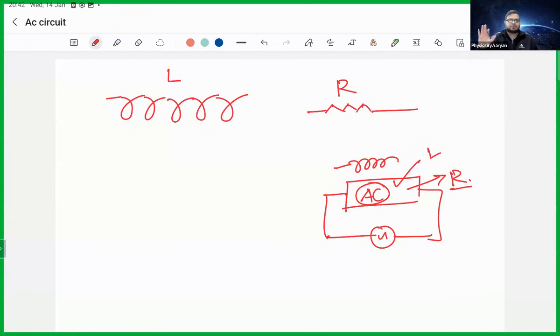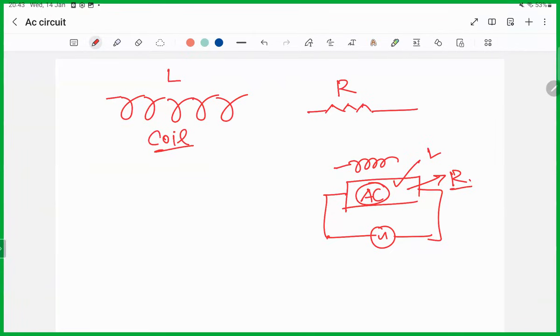You have semiconductor chips. If you ever open an AC, air conditioner, you know motherboard and everything like that there. So do I need to put this coil in order to have an inductance, or any device in itself will have an inductance? Any device will itself have inductance.